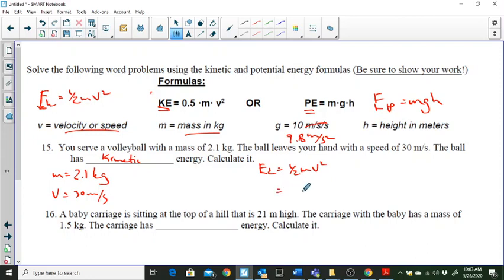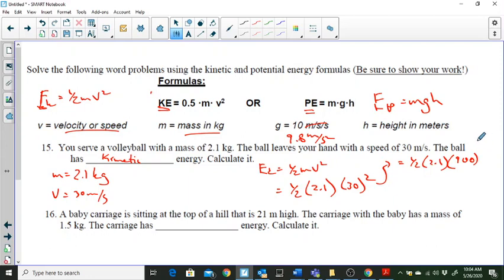Let's substitute in our values. What's the substitute for 1/2? It's a constant. We leave it as 1/2. Our mass, 2.1 kilograms. And then our velocity is 30. But don't forget, you have to square it. So that's equal to 1/2 times 2.1, and 30 squared is 900.